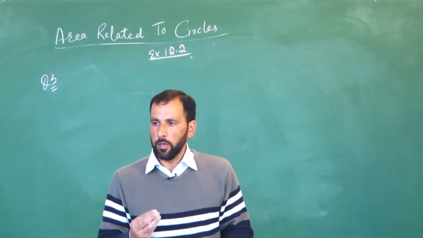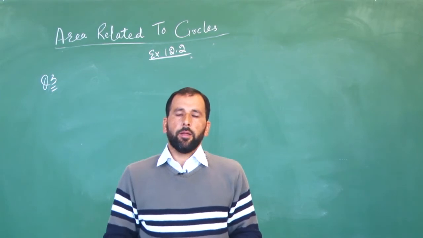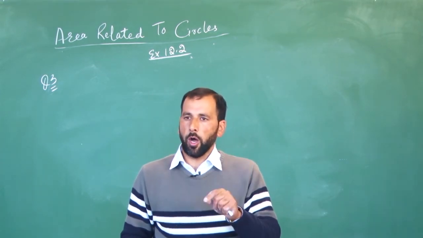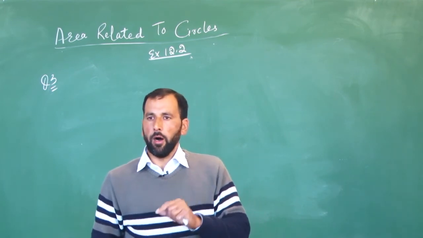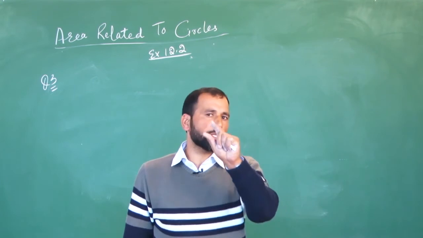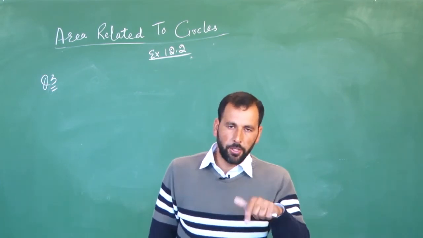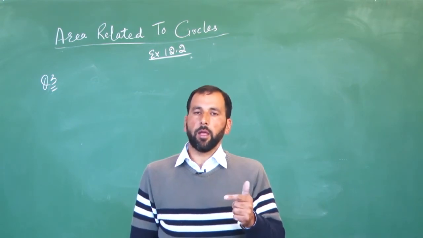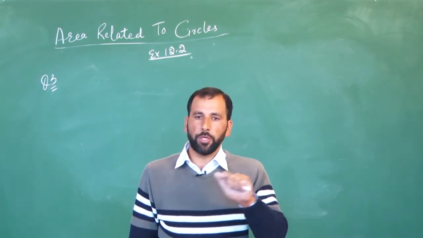First of all, the minute hand completes one revolution around this clock in 1 hour. It means in 1 hour, the minute hand makes a 360 degree angle of this clock. The angle made by the minute hand in 1 hour is equal to 360 degrees.